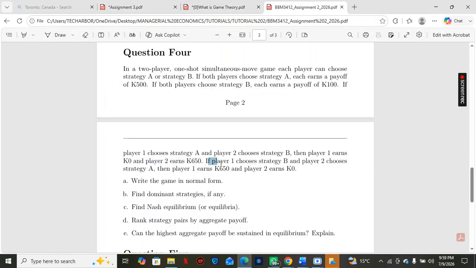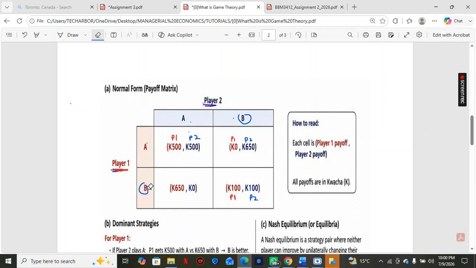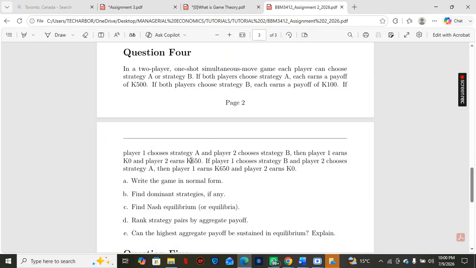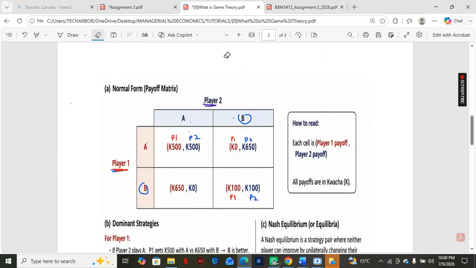Then if player 1 chooses strategy B and player 2 chooses strategy A, then player 1 earns 650, player 2 earns 0. So player 1 strategy B is here. Player 2 chooses strategy A, so this is under strategy A here.